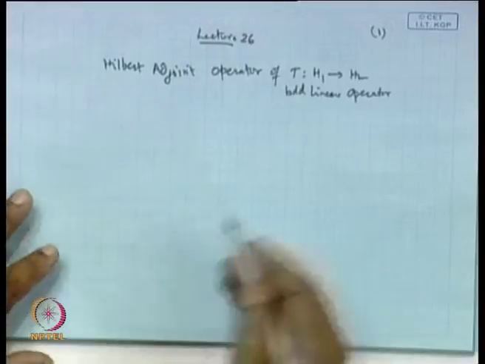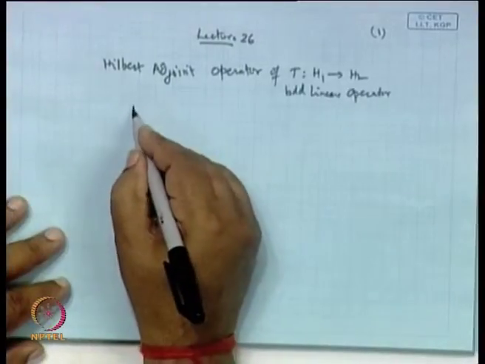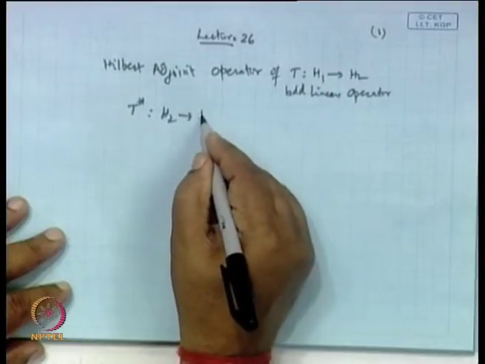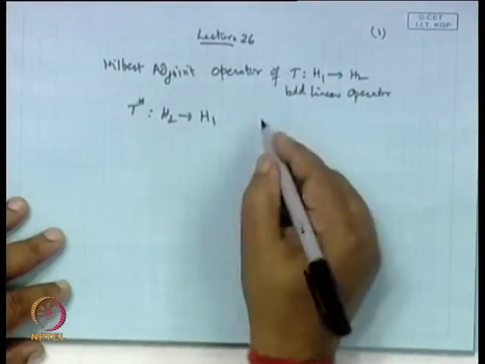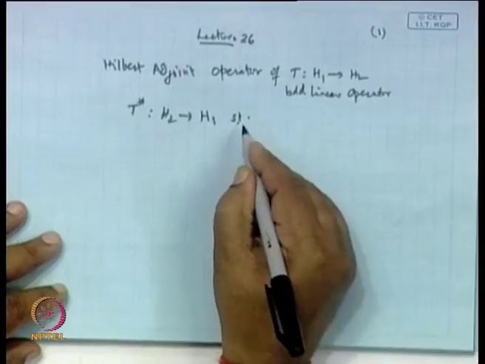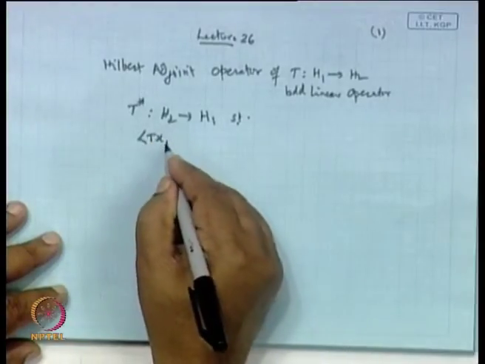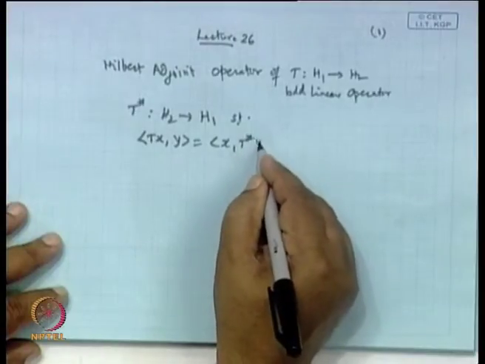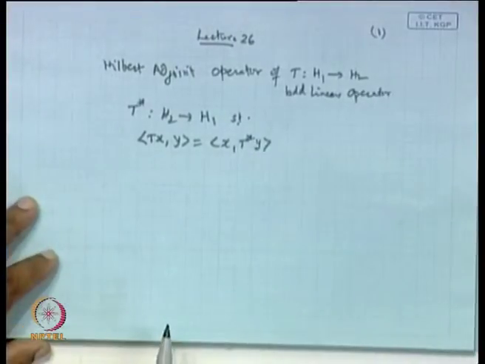We have introduced the Hilbert adjoint operator T star, an operator from H2 to H1 such that the inner product of Tx, y is the same as the inner product of x, T star y.